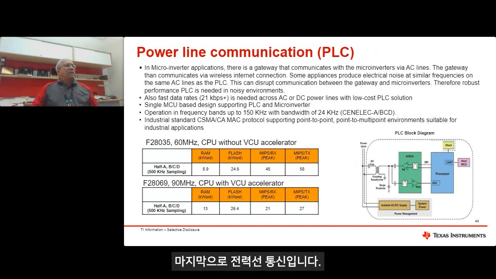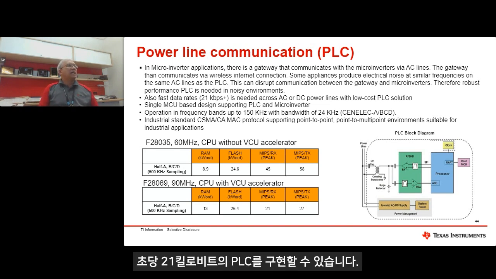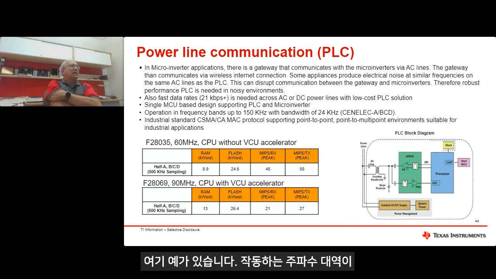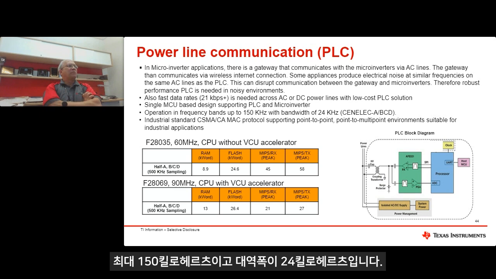Finally, power line communication is also needed between the microcontroller and the gateway. So the C2000 microcontroller here can implement PLC, which is 21 kilobit per second PLC. An example is shown here, which operates in frequency bands up to 150 kilohertz and a bandwidth of 24 kilohertz.